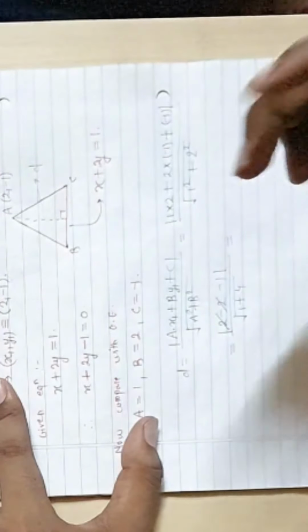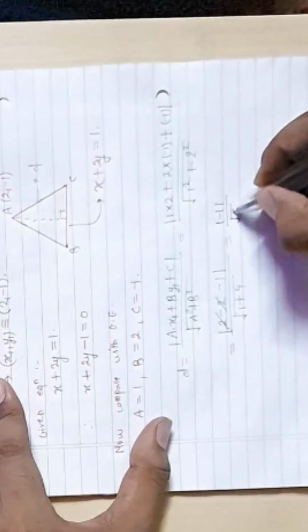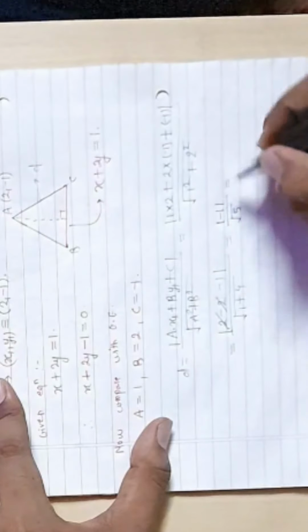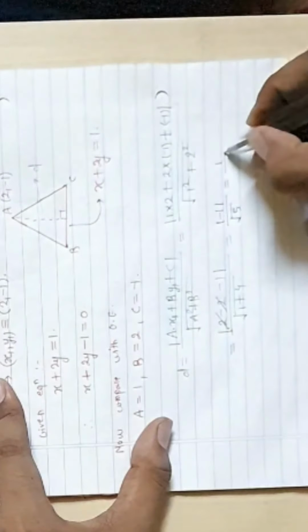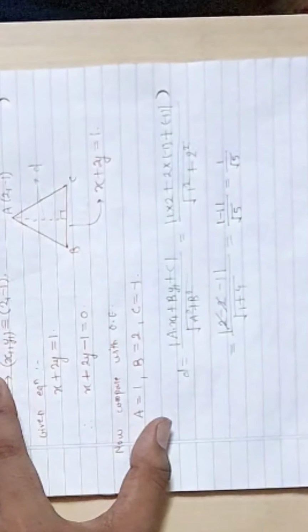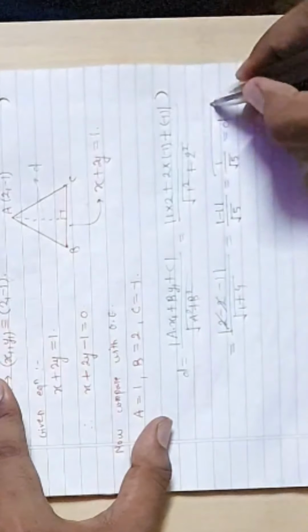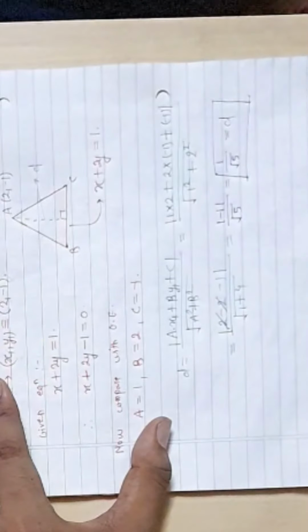What we get? Mod of -1 upon under root of 5. And mod of -1 is 1. So 1 upon under root of 5. So this perpendicular distance d is 1 upon square root of 5.